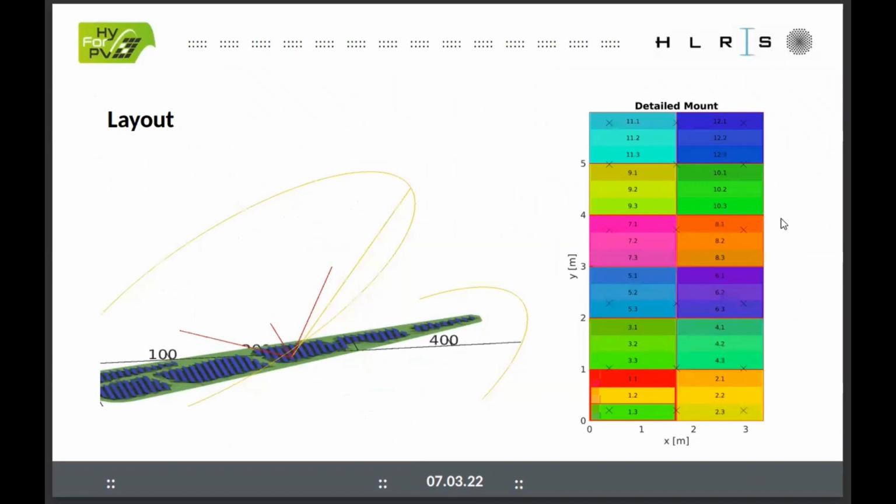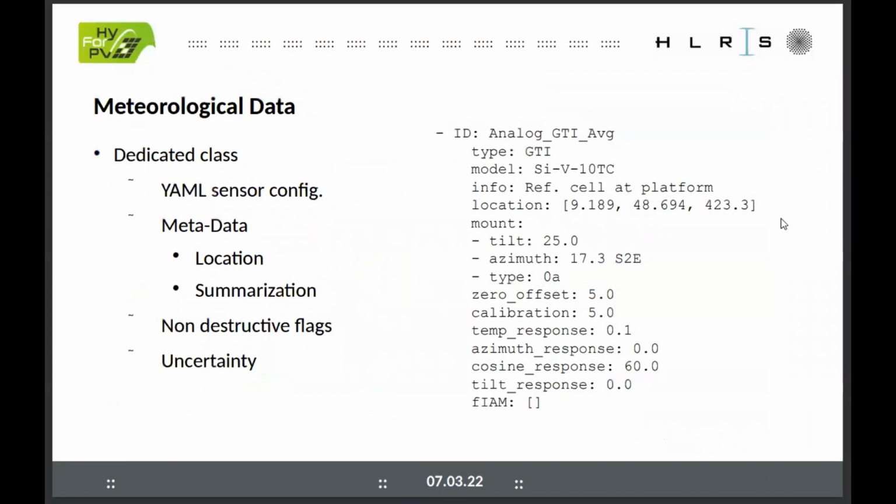One limitation which most systems have, PVLib apparently not anymore, is that it assumes that the system is uniform: same tracker type, same module type, same inverter type. With respect to the meteorological data, since this is pretty new, it's still not implemented all the way to the end.